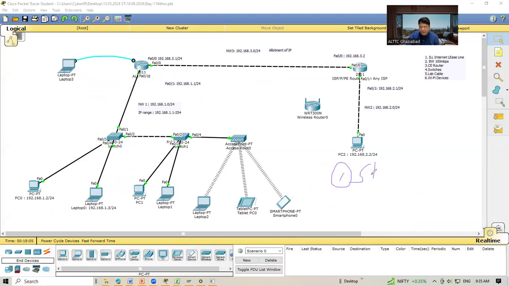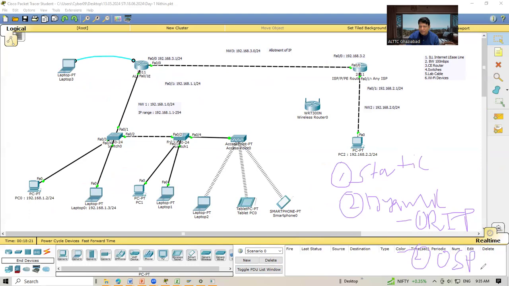One is known as static, another is known as dynamic. The most popular dynamic routing protocols are RIP and OSPF. More protocols are BGP, Border Gateway Protocol, IGRP, MPLS.